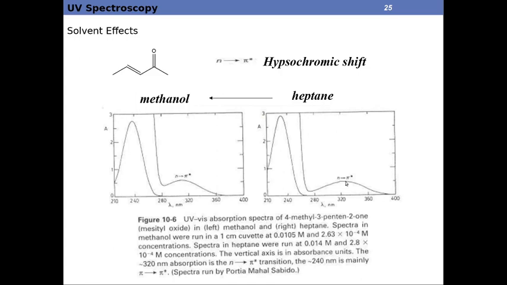So here the absorption maximum was at around 325 nanometer, but in a polar solvent it comes around 310 nanometer. So obviously for the same molecular system, the n to pi star transition shifts from 325 to 310 nanometer in a polar solvent. So you get a blue shift.